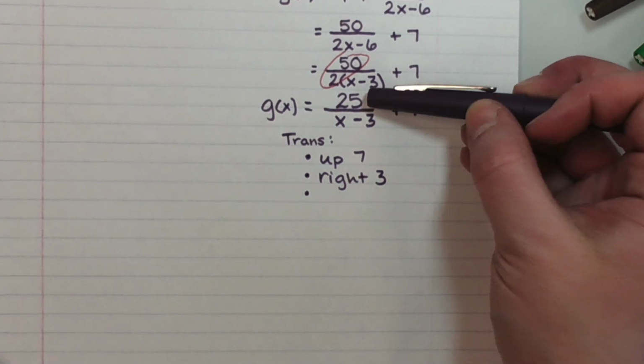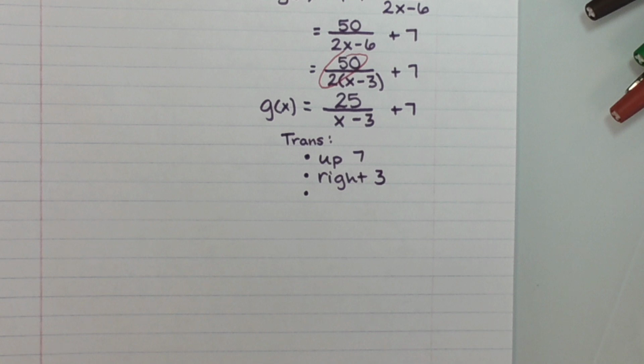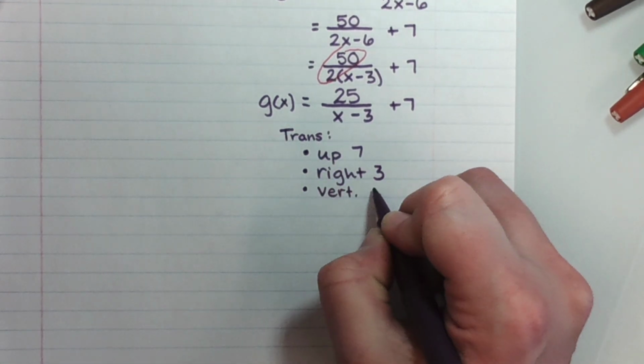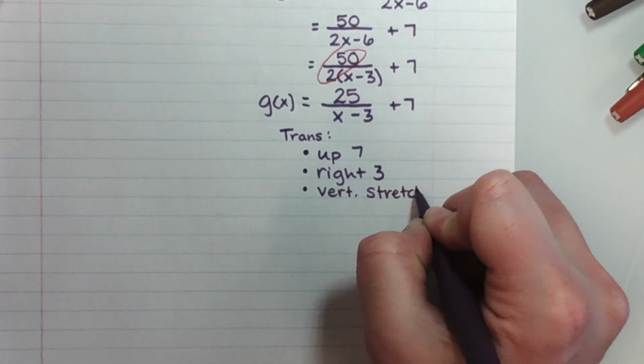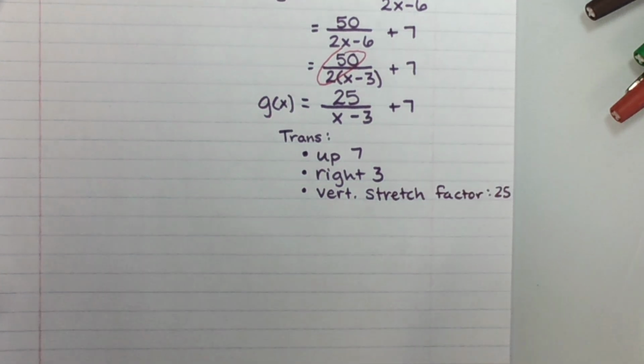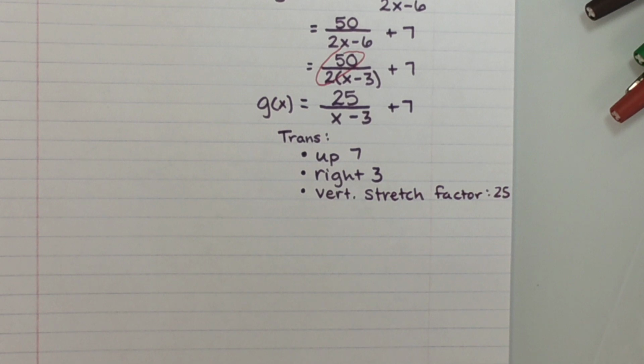In other words, what's that 25 doing? Is it a stretch or a shrink? Yep. Vertical stretch. Factor 25. The larger the factor, the more you would notice the difference from the graph, but I'm not going to worry about that. What's the only other transformation it could have undergone? Reflection. Did it reflect? No.